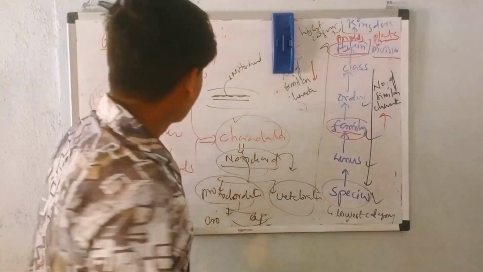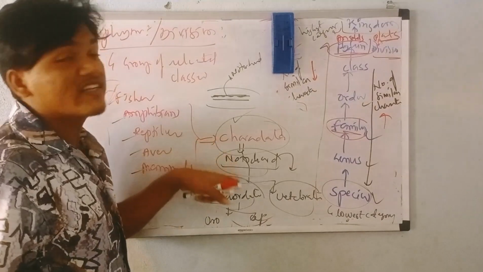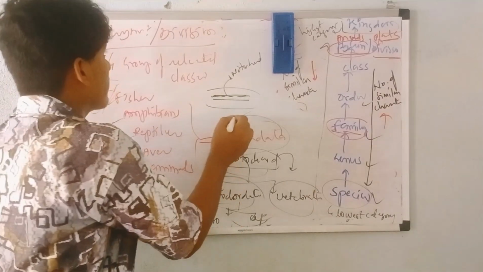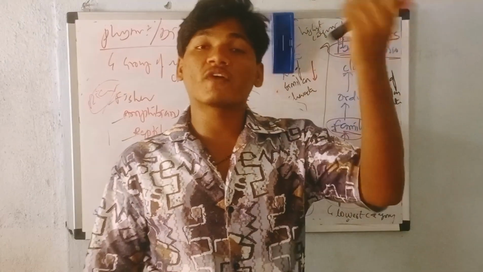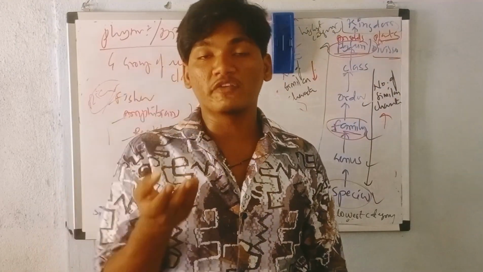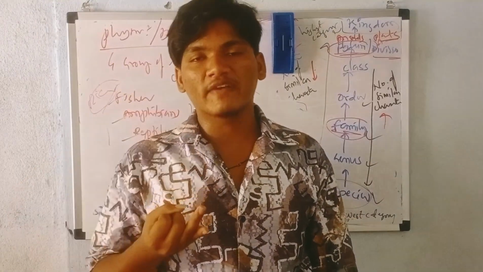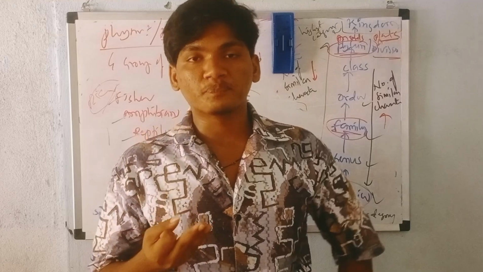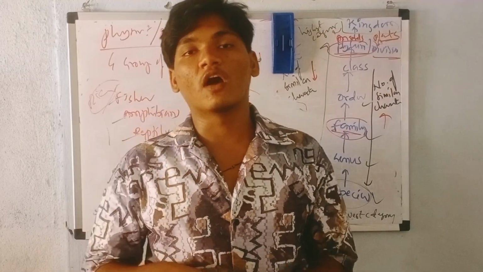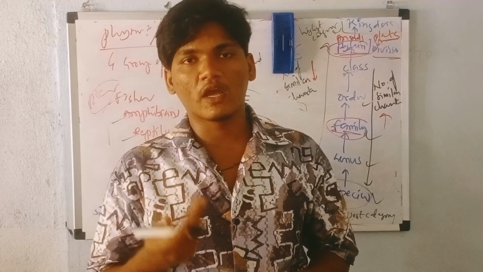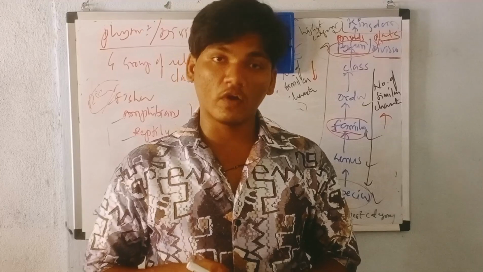So fishes, amphibians, reptiles, aves, and mammals all have these characters and are grouped under the phylum called Chordata. We also have other phyla like Porifera, Ctenophora, Cnidaria, Platyhelminthes, Aschelminthes, Annelida, Arthropoda, Echinodermata, Hemichordata, and Chordata.